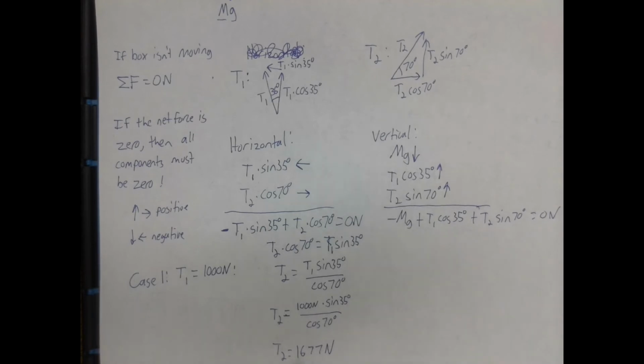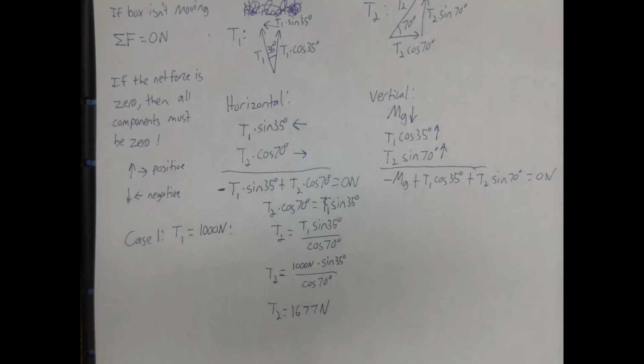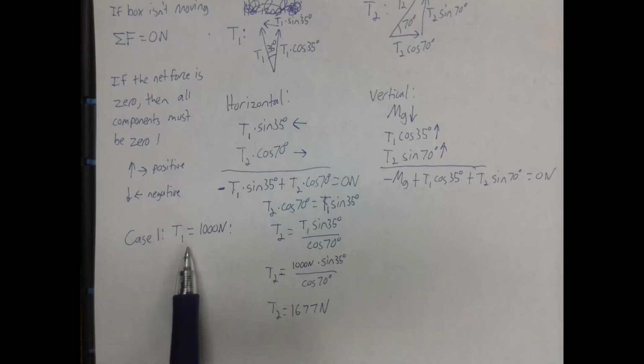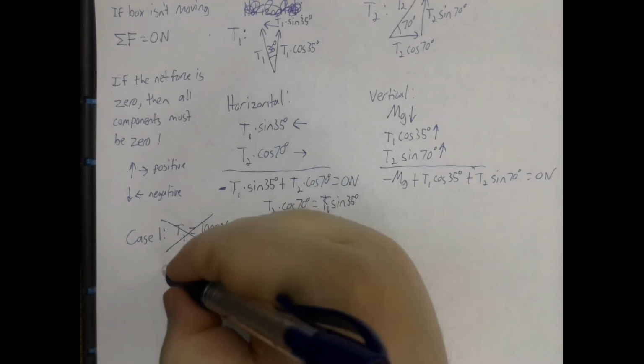Is this possible? No. T2 would have broken a long time ago before T1 is equal to 1,000. So this case must be false.